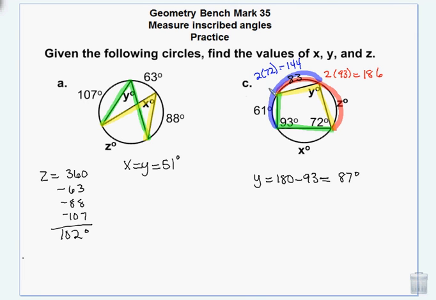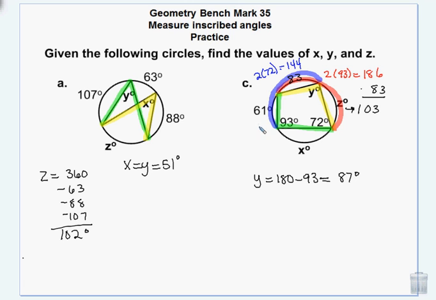So since this is 83 and the whole red is 96, I take the 83 away, and now I know Z. Z is 103. And then to find X, I now know 103 and 83 and 61. So I can just find X by subtracting all of those from 360. Or I know that Y is 87, so I could double Y and then subtract 61 to find X. So there's 2 ways to find X at that point.